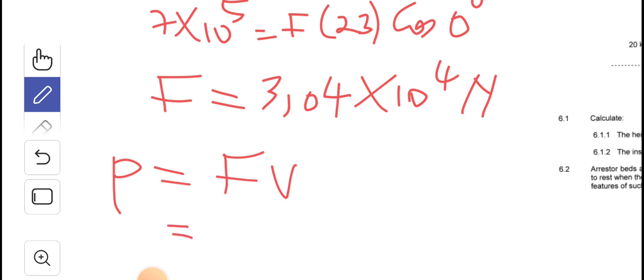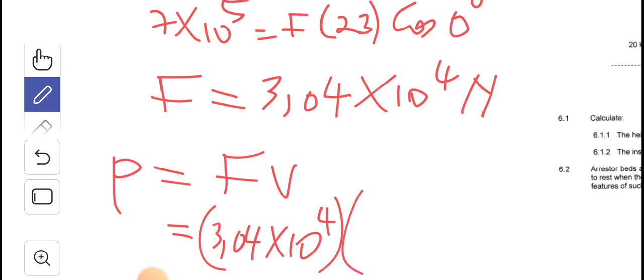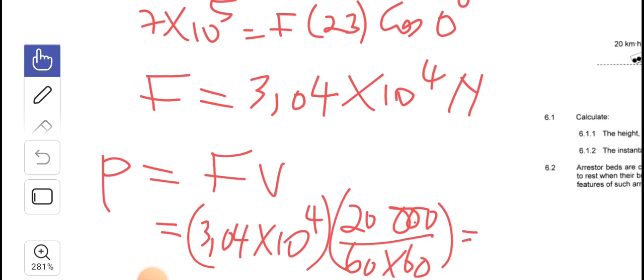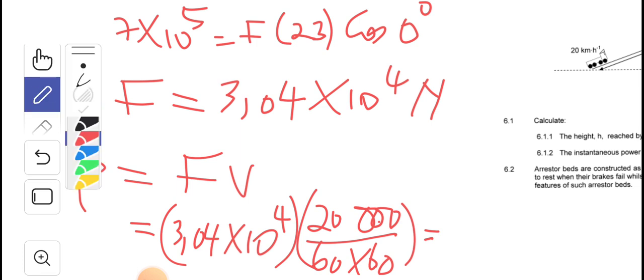In this case, the applied force by the engine of the truck is 3,04 times 10 to the fourth power times 20,000, because now we are dealing with 20 kilometers per hour, and we're converting 20 kilometers per hour to meters per second, the SI unit of speed.